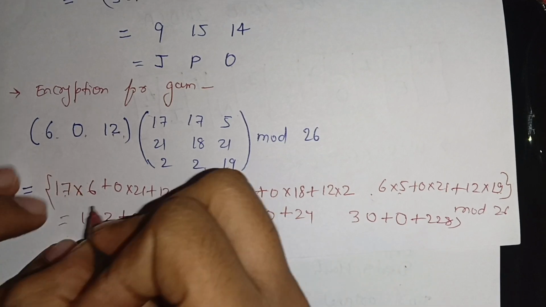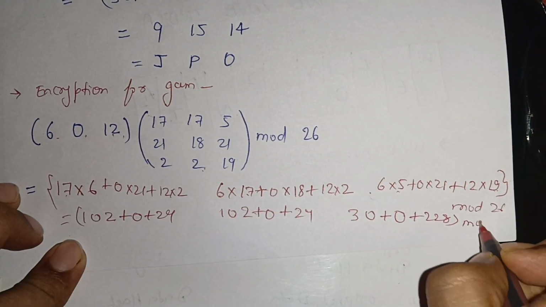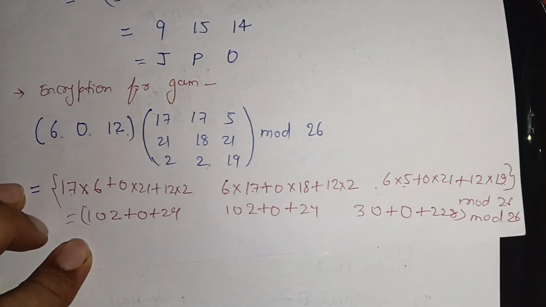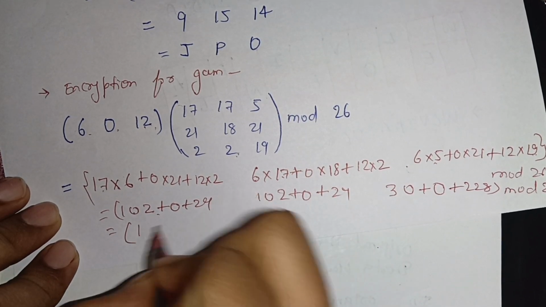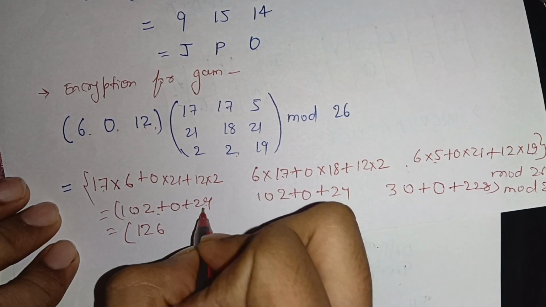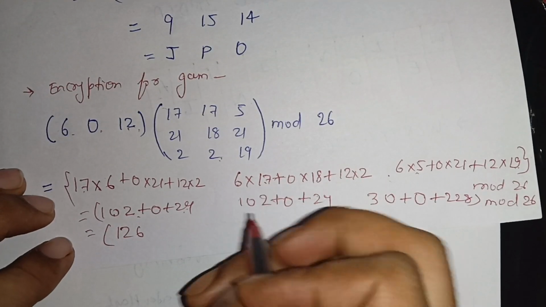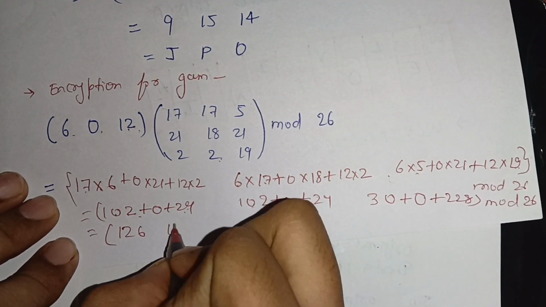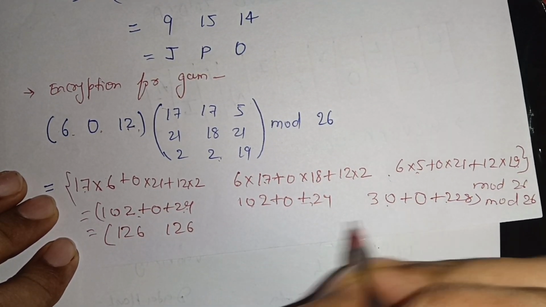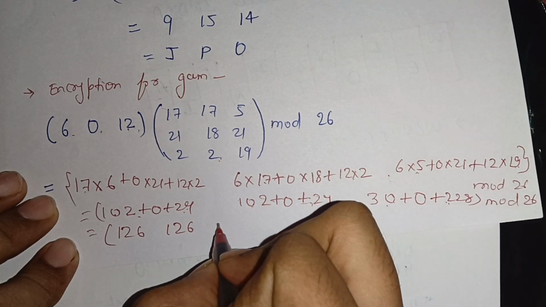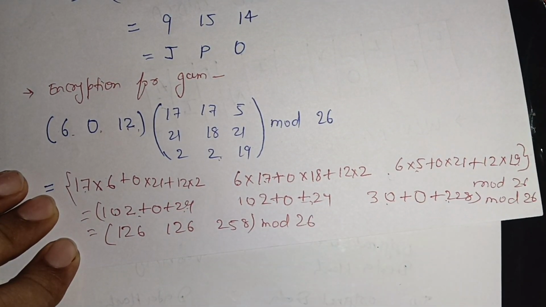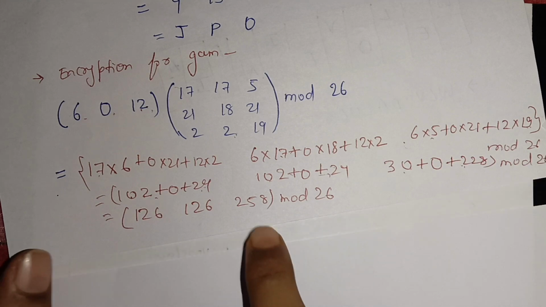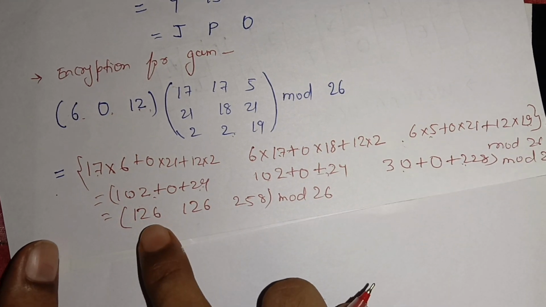Then mod 26. So the value will be 126, again 126, and 258 mod 26. So just perform the mod operation.